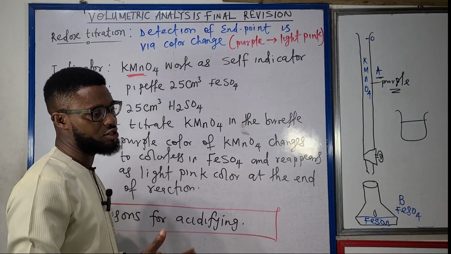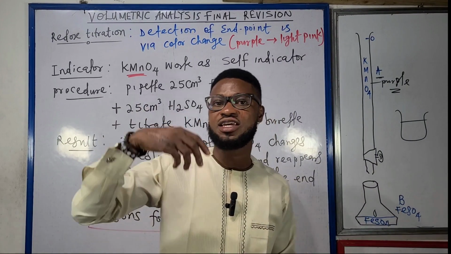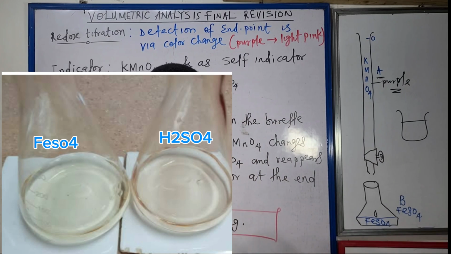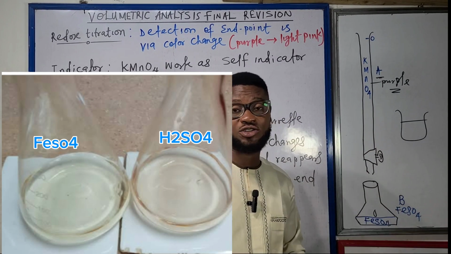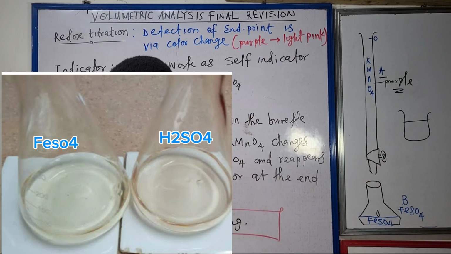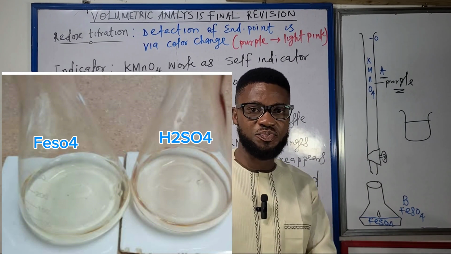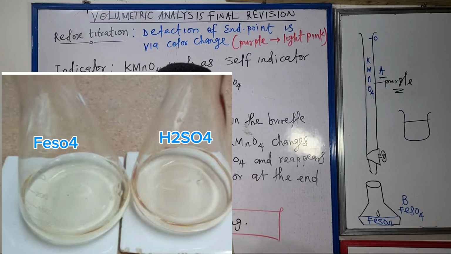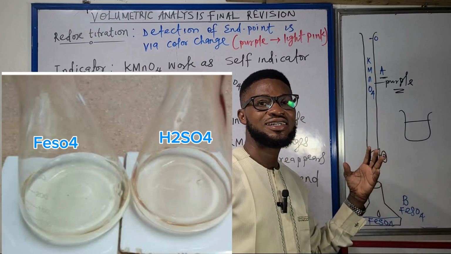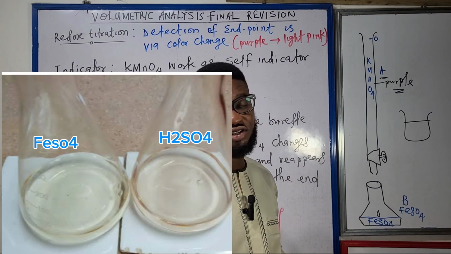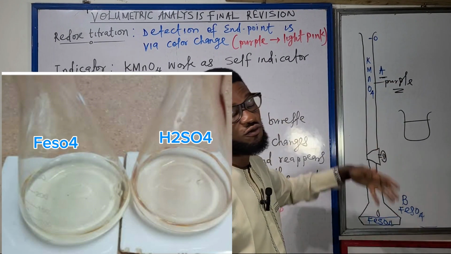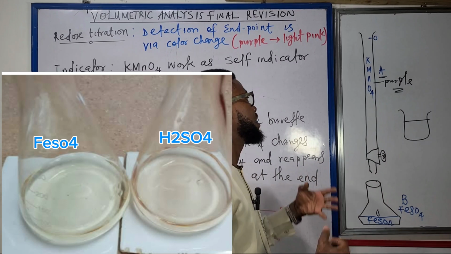Someone did comment that we are going to need sulfuric acid for this experiment, that we have to acidify our potassium permanganate using H2SO4. And I did reply in the comment that, in preparing your KMnO4, it is very possible that your instructor or teacher must have laced the KMnO4 with sulfuric acid.